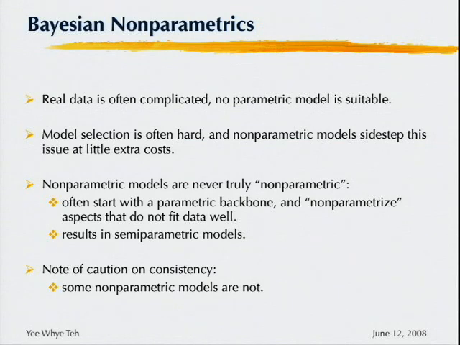This often results in models which can be said to be semi-parametric, because they have certain components which are parametric and certain components which are not. A second caveat is that because non-parametric models are very rich models, sometimes if you're not careful, you may end up with models which are not consistent, and you have to be careful that in your applications of non-parametric models, they work well for the problem that you look at.